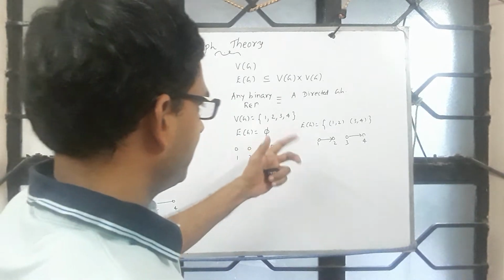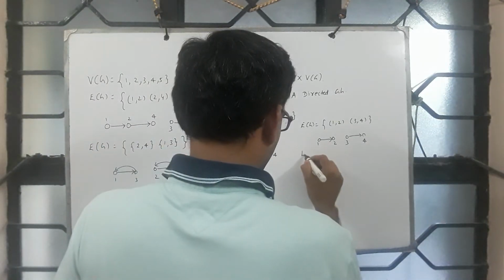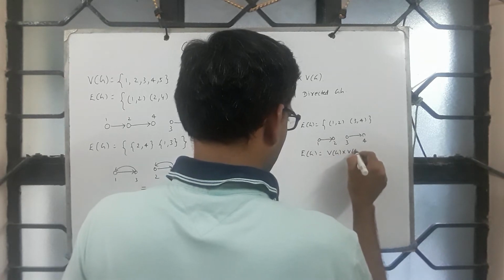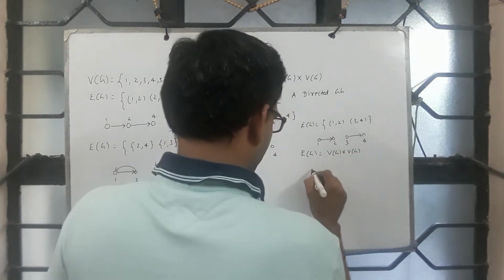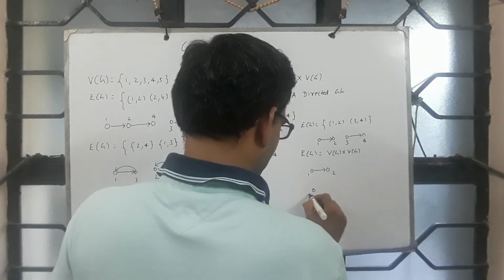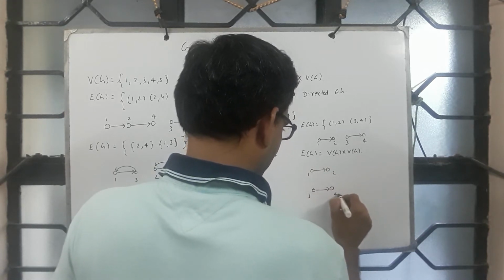And if E of G is V of G cross V of G, then what do you get? So you have 1, you have 2, 3 and 4.